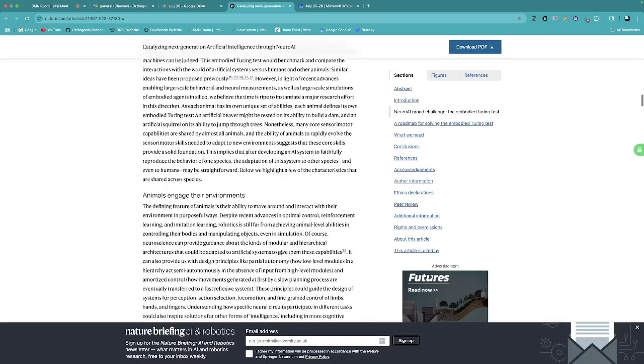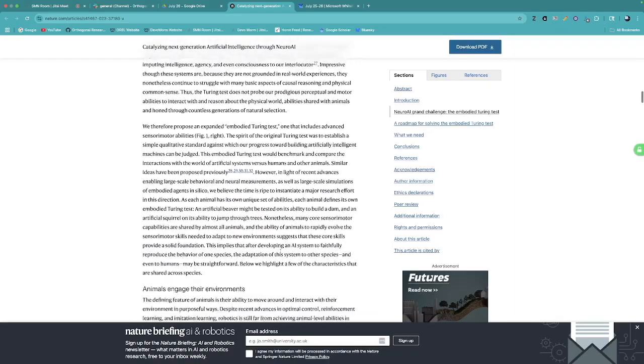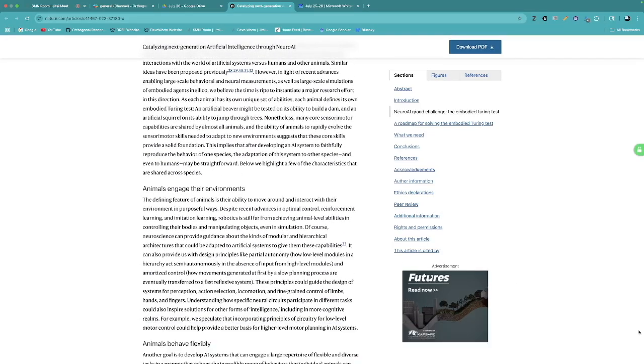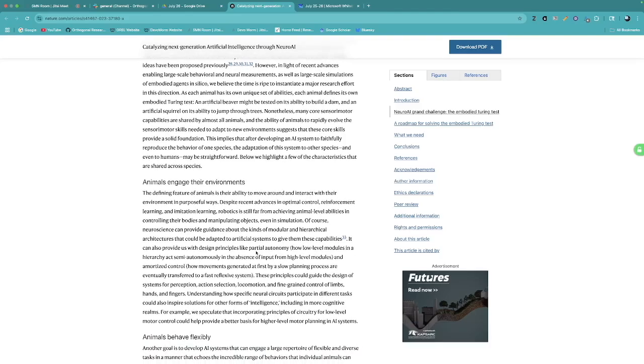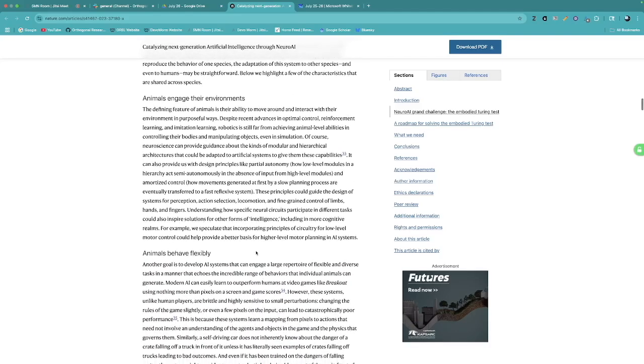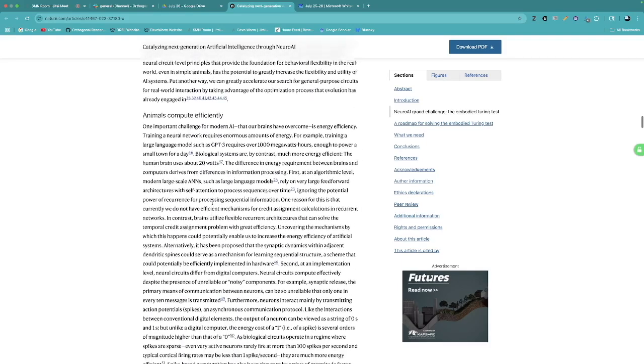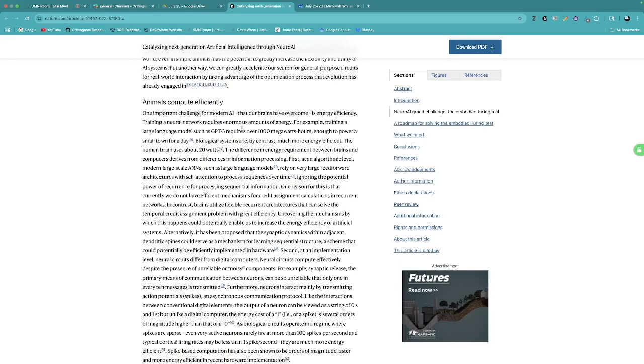Okay, so some of the features of it is that animals engage their environments, they move around their environments, they explore their environments, and then animals behave flexibly. So you need to have as many inputs as possible to enable flexibility. And then animals compute efficiently.